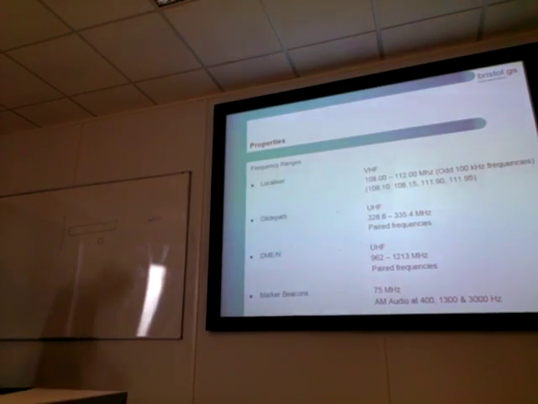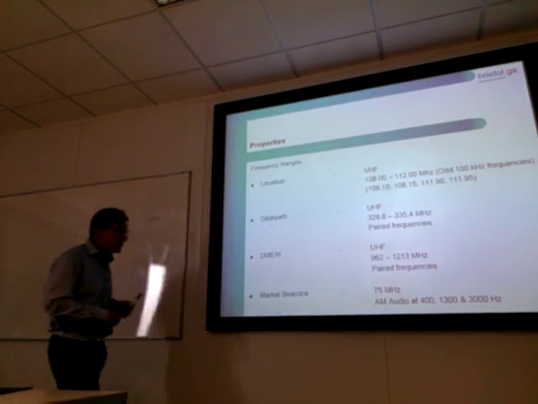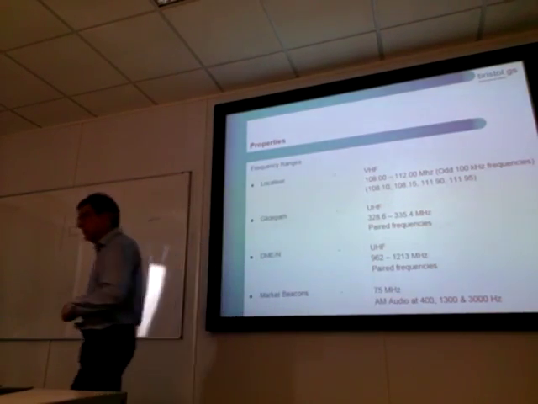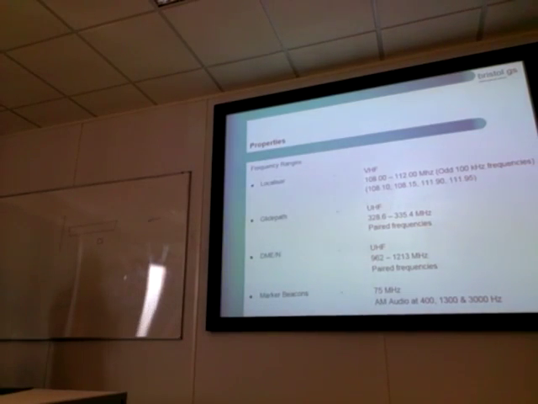Now then, the marker beacons, everyone transmits on 75 megahertz, but the audible frequencies that you hear are 400, 1300 and 3000. Again, there's a table as we go through, so you can note them all then.